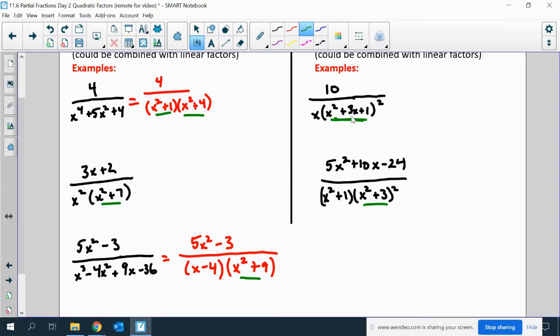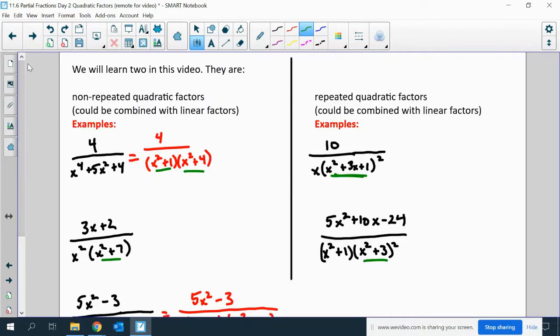You can also have a trinomial. But if you had x squared plus 3x plus 1, that doesn't factor any further, so you can't break that down. So in any of these cases, if you have these quadratics that don't factor anymore, you have to do something similar to what we did with these linear terms, but it's just a slight difference.